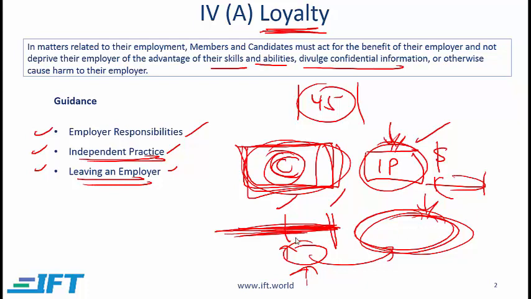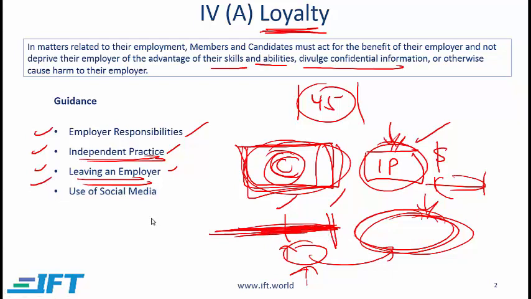On the other hand, if you actually developed specific models, let's say for the pharmaceutical industry, and these models are based on Excel, you cannot take those Excel models over to the next employer. The reason is that you created these models for your original employer, and your original employer paid you for that work. So you cannot take that information over.